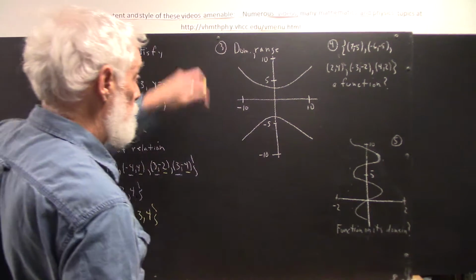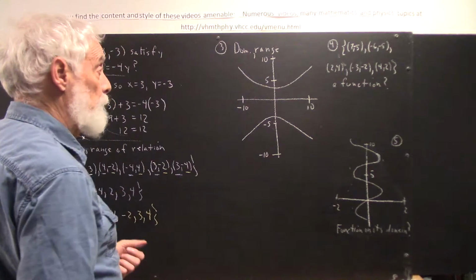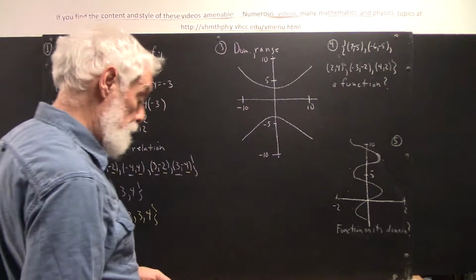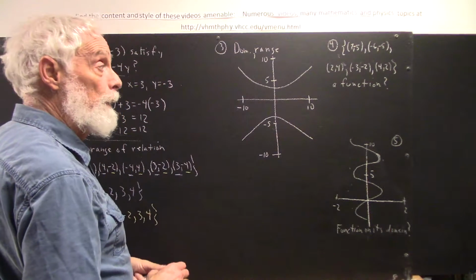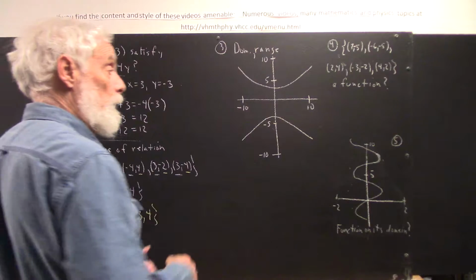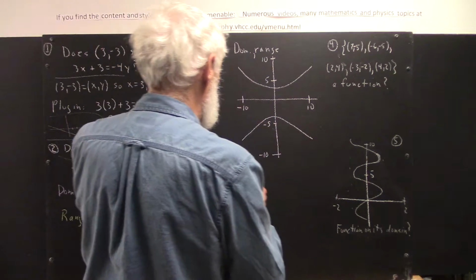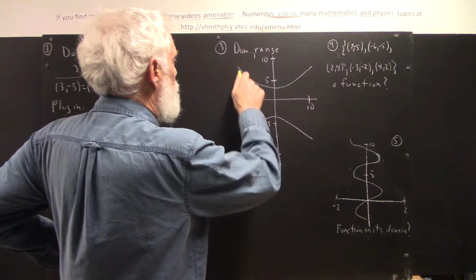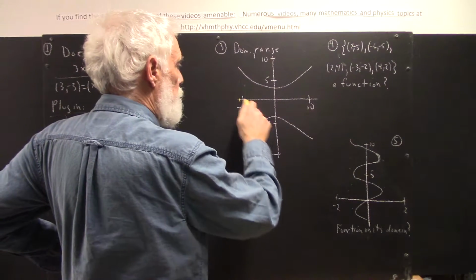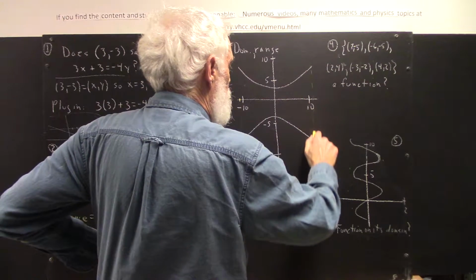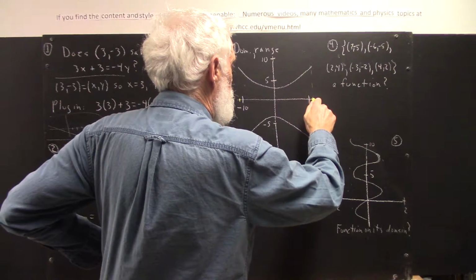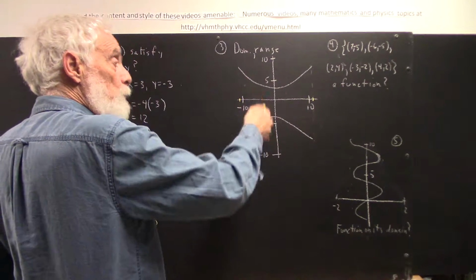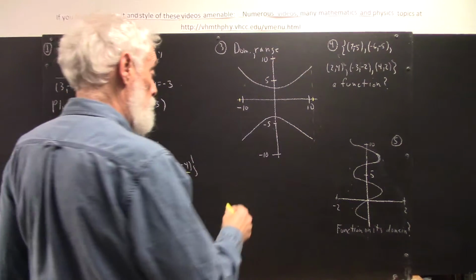Okay, now the third task, we want to identify the domain and range from a graph. For the part of the graph that we see here, and let's just confine our attention to the part that we see, it appears that every x value from here over to here has at least one associated y value.